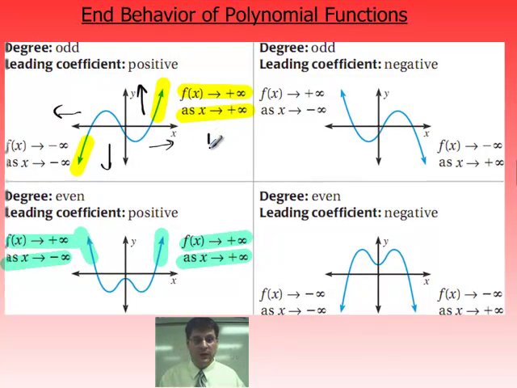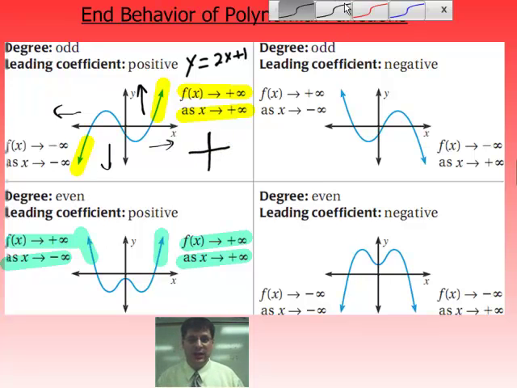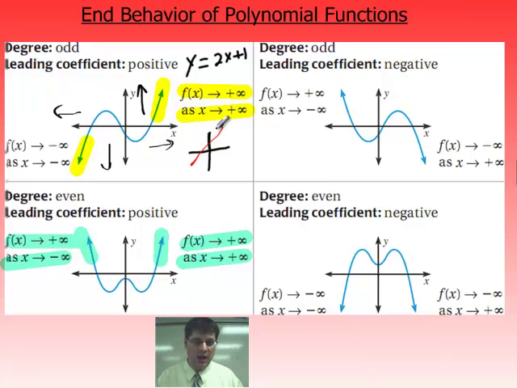So if you have a positive slope, let's say I have something like y equals 2x, and I'll just add a plus 1. So if this is my axes, then if it's positive, we know it goes up.